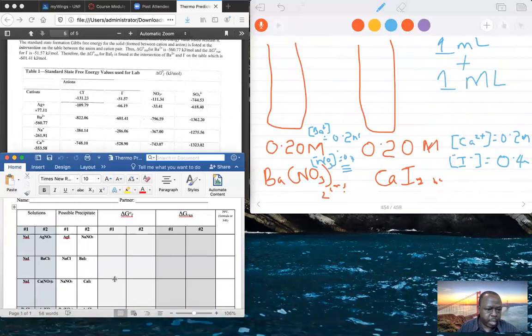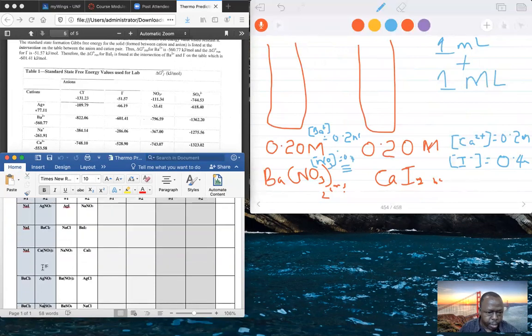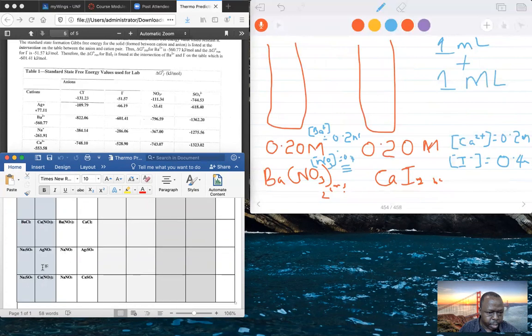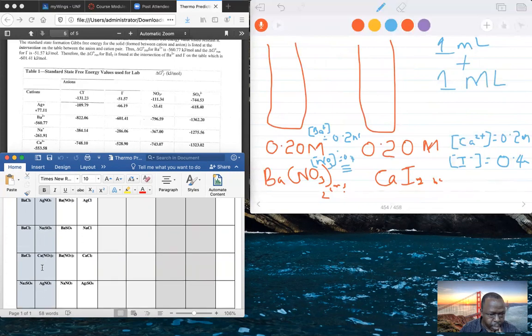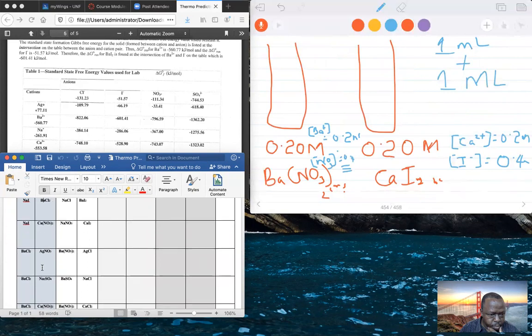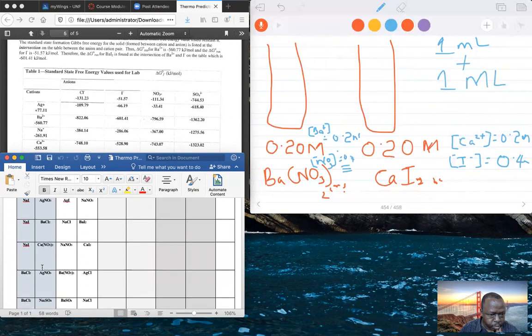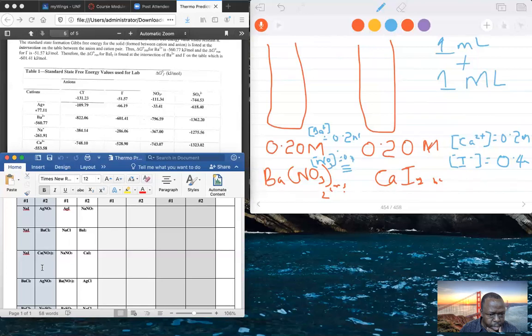All right, sodium nitrate. Let me see where it is. Where is sodium nitrate? I'm trying to look at which one you picked right here. I don't see sodium iodide and sodium nitrate.